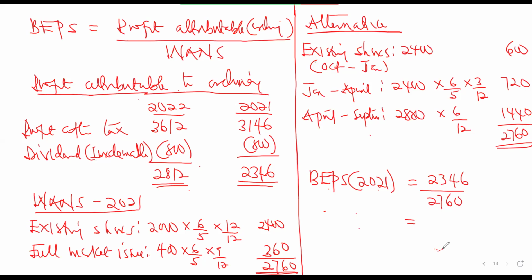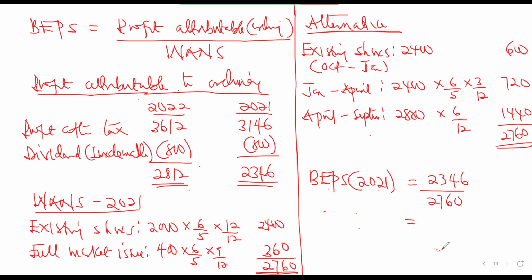Yes, the starting one was 2,000. There is a bonus issue. The bonus issue affects it. Bonus issue is assumed to be in existence from the start of the year, or the time that the company started operating. So it doesn't matter when it is given. Okay. So the bonus issue on 2,000 will be 2,400, isn't it?